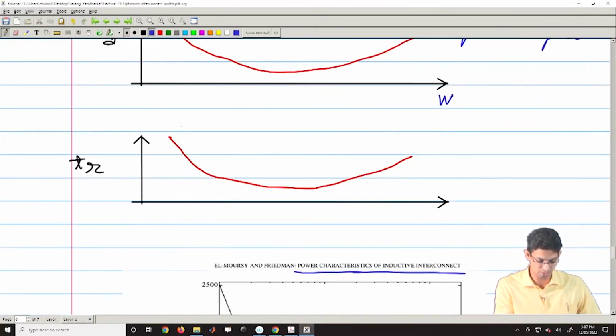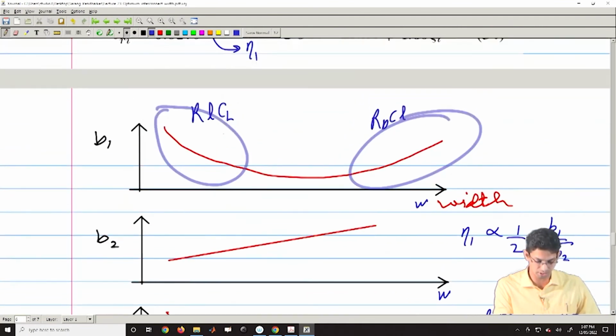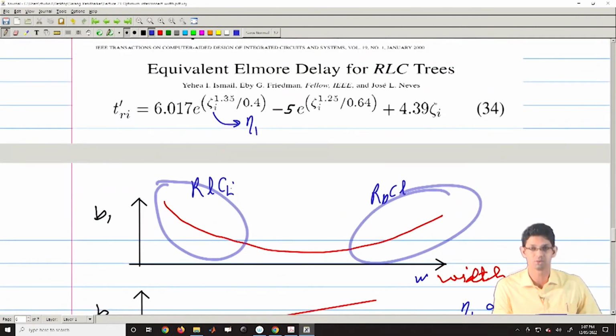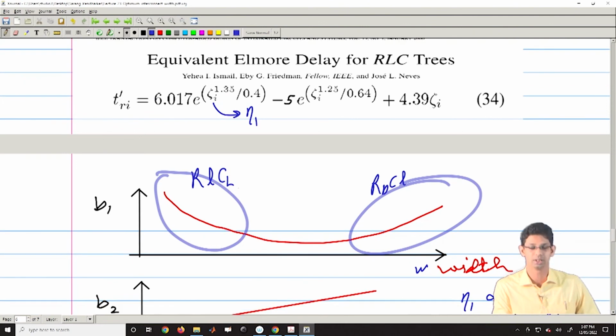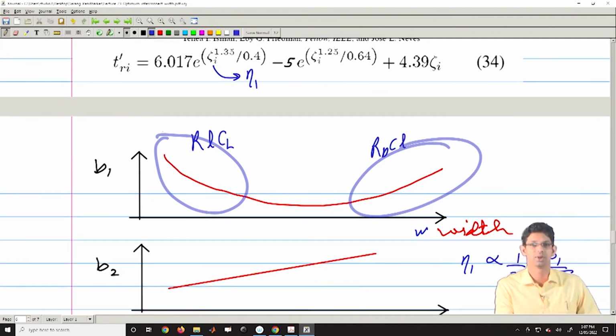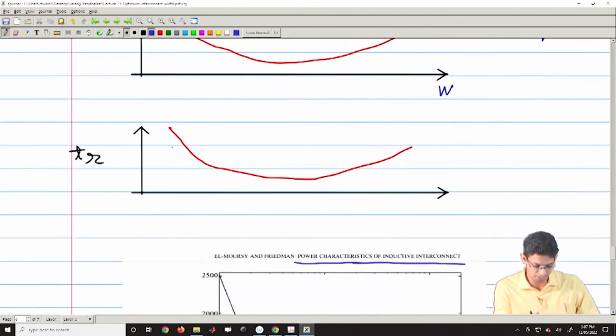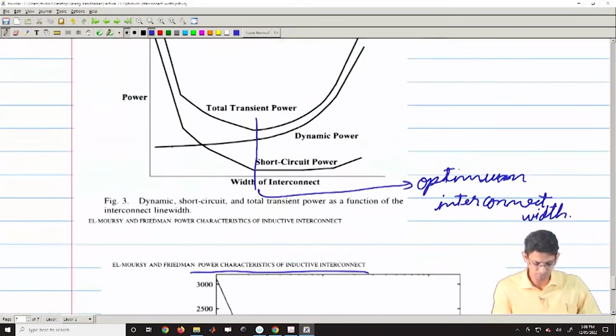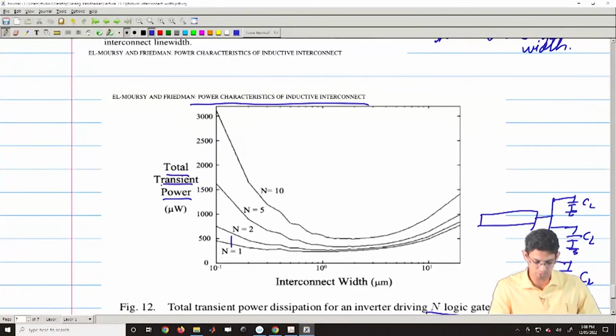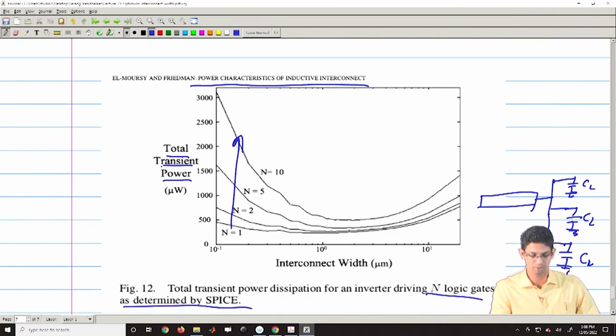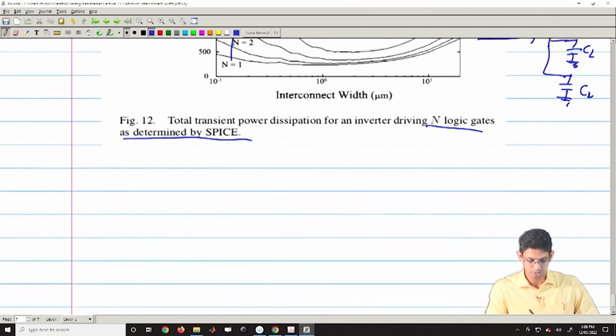So this is the region where this was RL into CL. So if your CL goes on increasing, this will increase further for lower widths, and that will translate to characteristics like this. So as you increase the load, your transient power will increase, right.